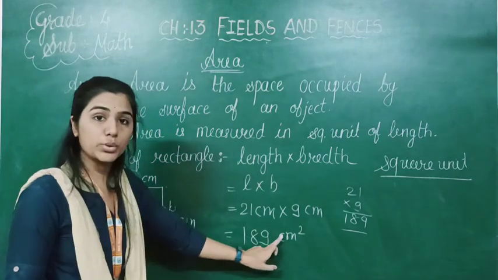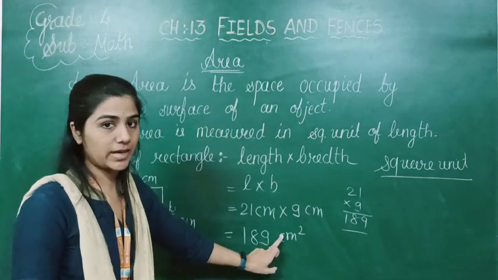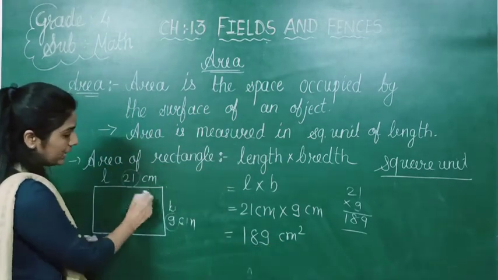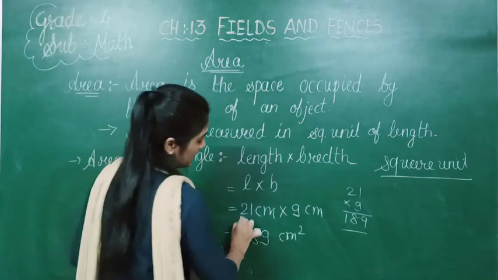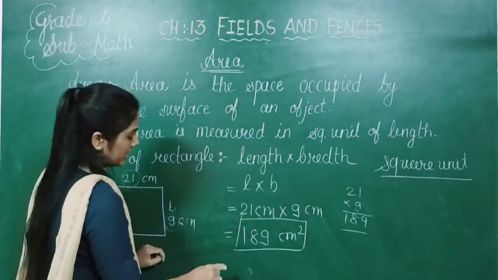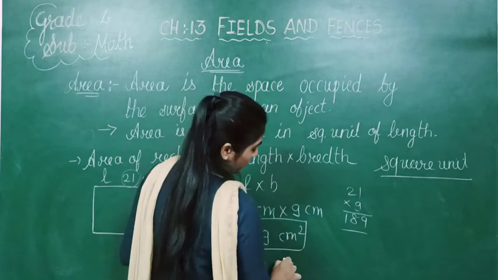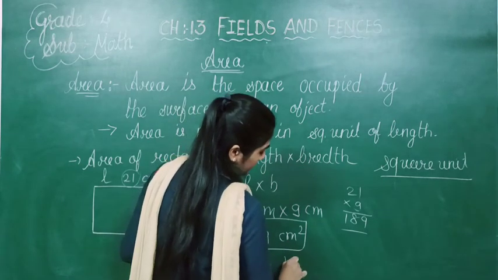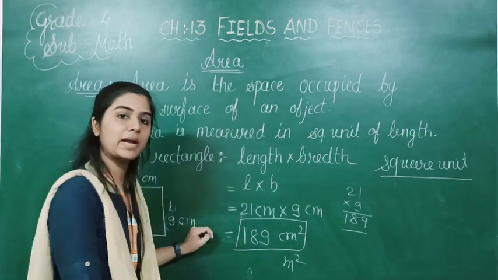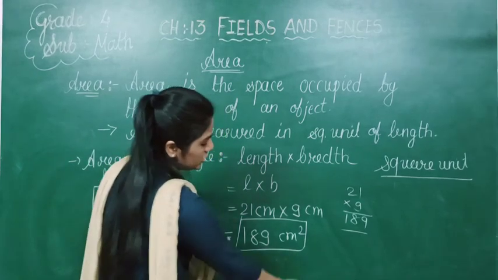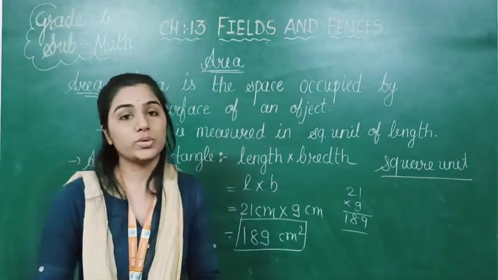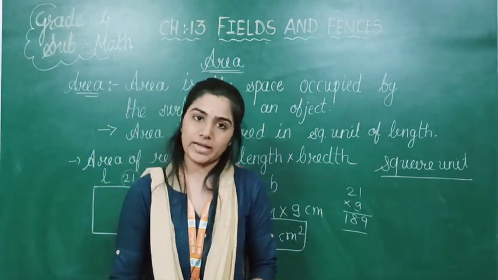So whichever unit is given in the particular side, in the particular shape, suppose centimeter is given, so we write square centimeter, and if meter is given, we will write meter square like this. It depends on the unit given in the shape. So in this way you can find the area of a rectangle.